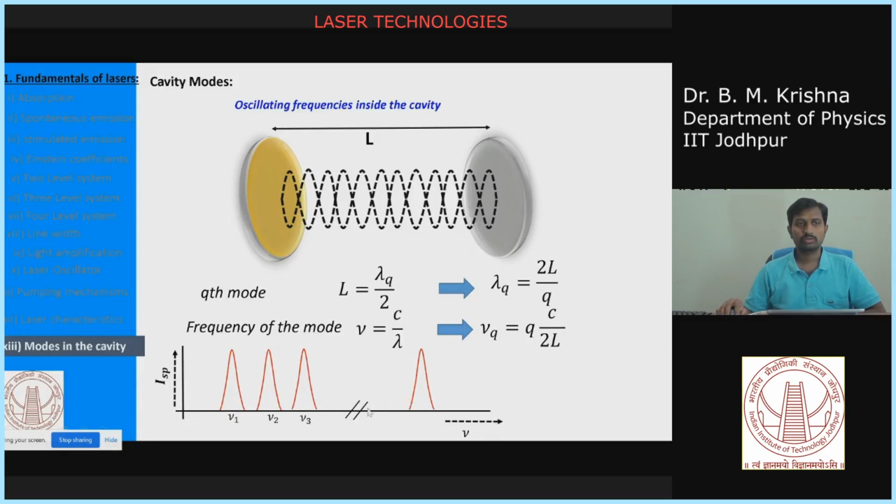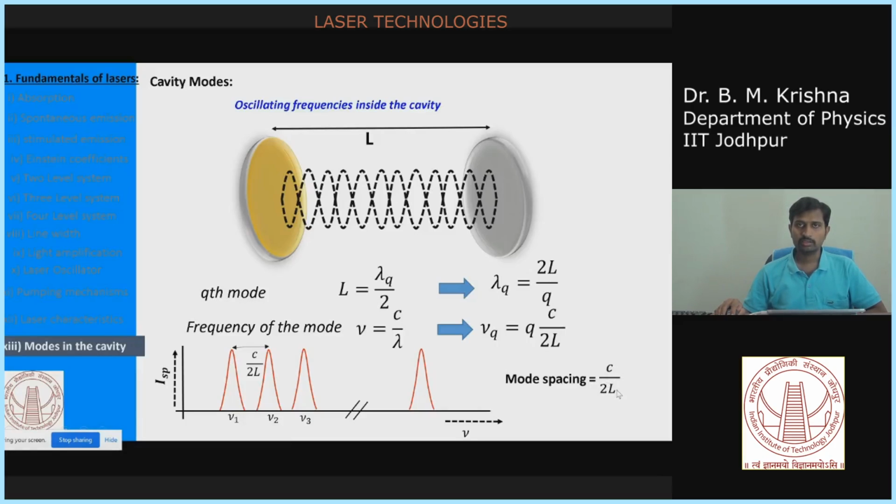So now many modes can be sustained inside the cavity of length L. The difference between two consecutive modes, or two different frequencies oscillating inside a cavity, is called the mode spacing, which equals C by 2L.